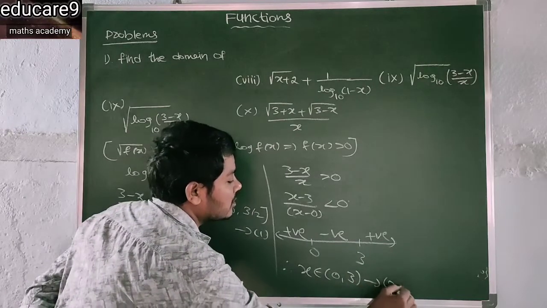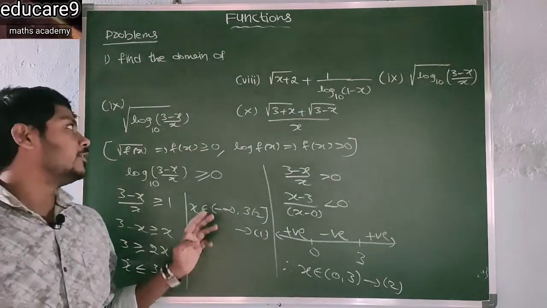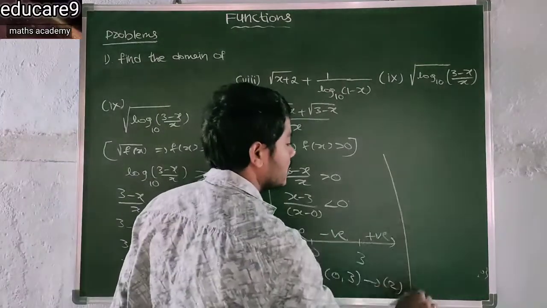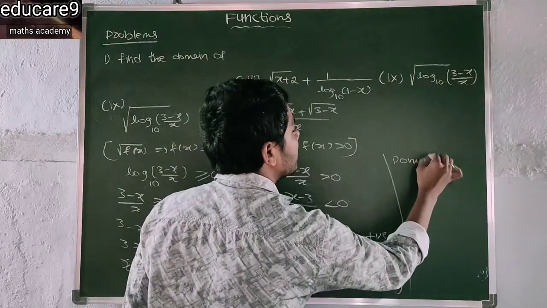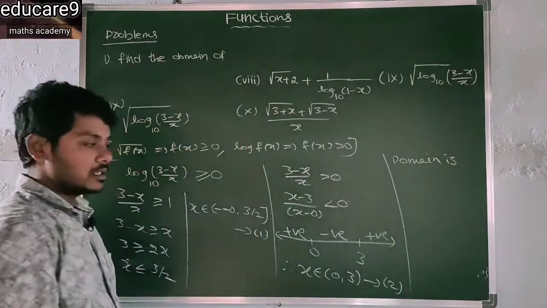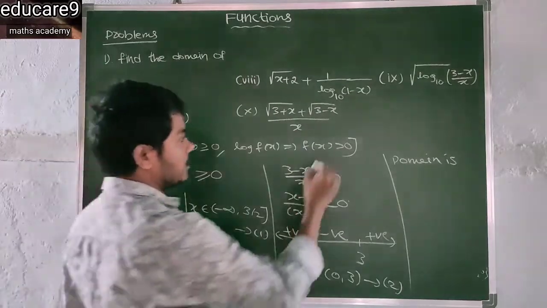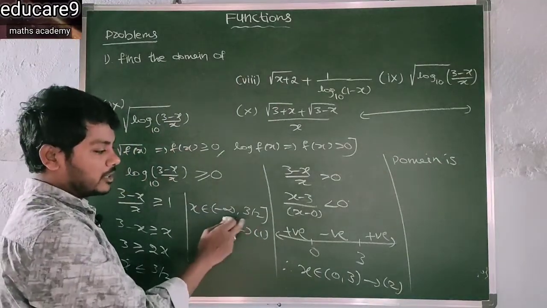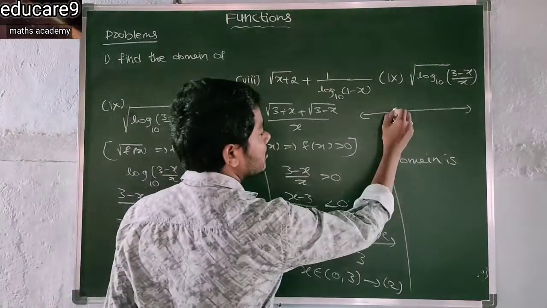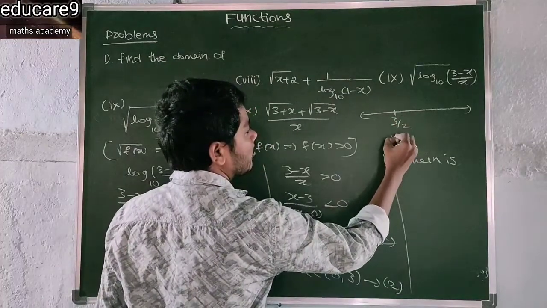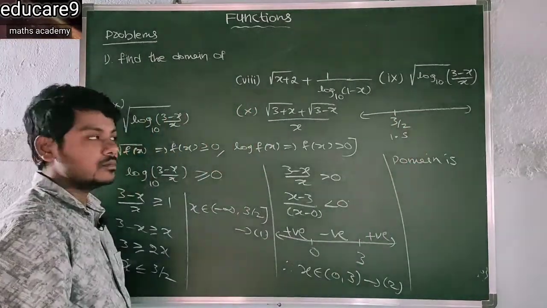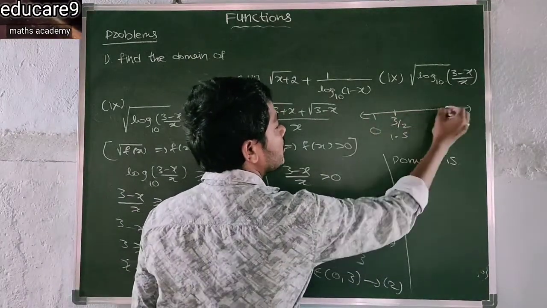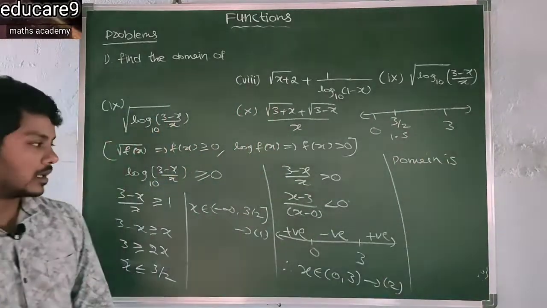This is equation 2. Now find the domain of this function. So take the intersection of 1 and 2. Therefore the domain is what? The intersection of these two. See here, draw the real line and locate the point 3 by 2. This is 1 point something, 1.5. Next one, 0 and 3.